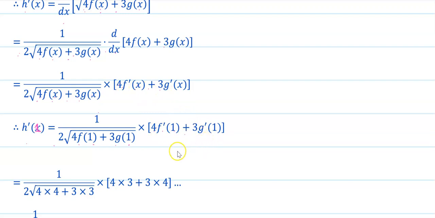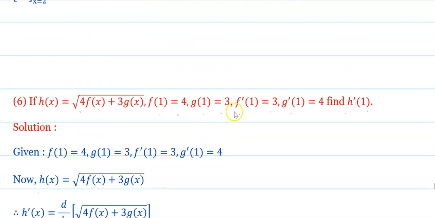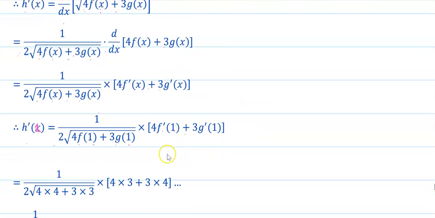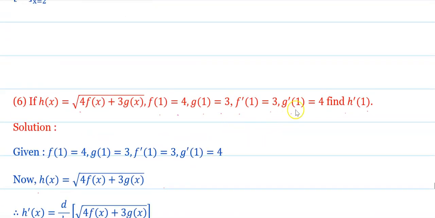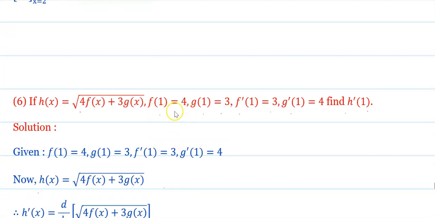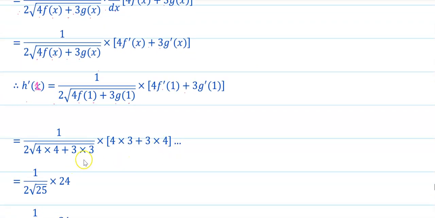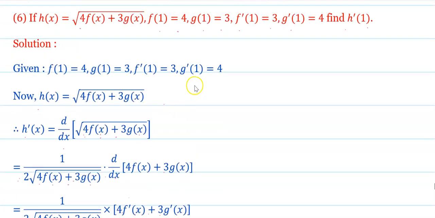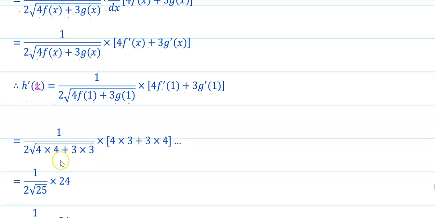Now replace the values. What about f dash of 1? f dash of 1 is 3. Here it is 3, 4 into 3. g dash of 1, what will it be? 4. g dash of 1 is 4. Upon f of 1: f of 1 is 4. Next g of 1: see this here, g of 1 is 3. Okay, we will do the multiplication. Then you will get 1 upon 2 root of 4 into 4, 16 plus 9, 25.